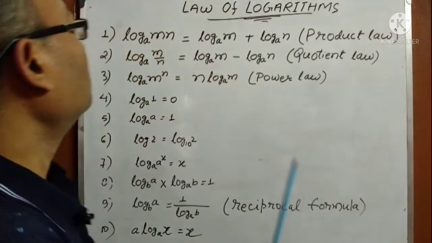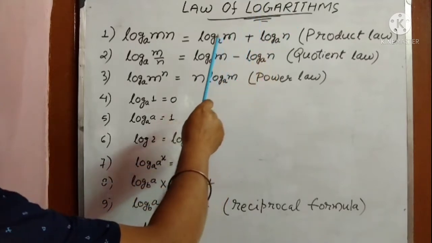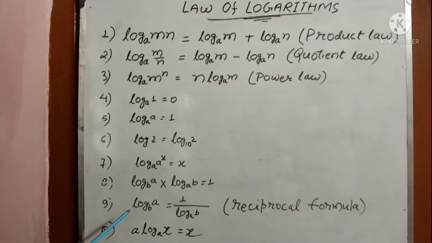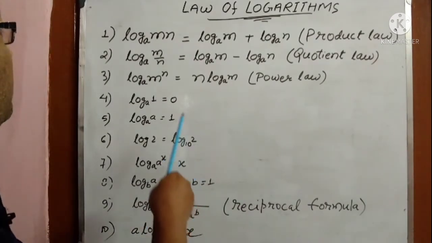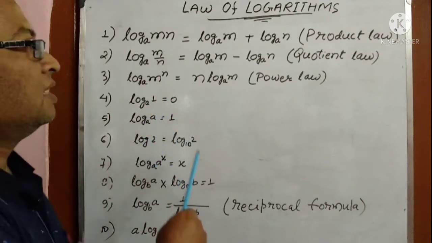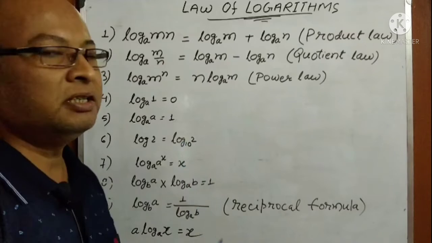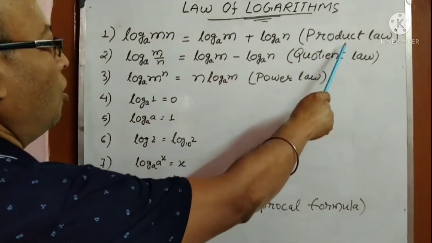Now we will look at important laws of logarithms. I have written over here a few important laws which are applicable while solving the problems. First we will look at these laws, and then we will solve some sums depending upon these laws. Now the first law is your product law.